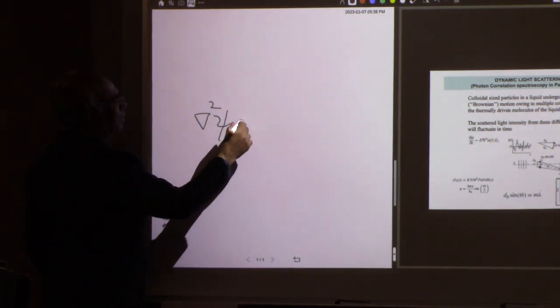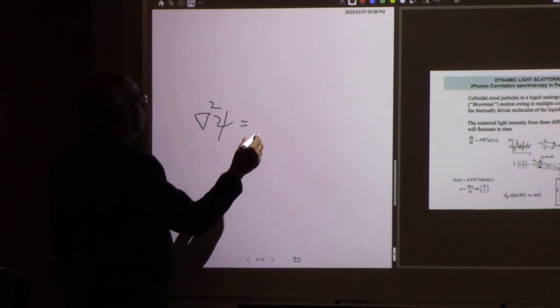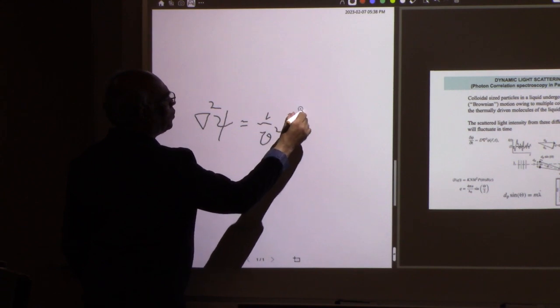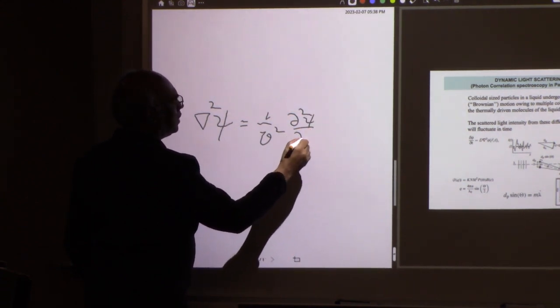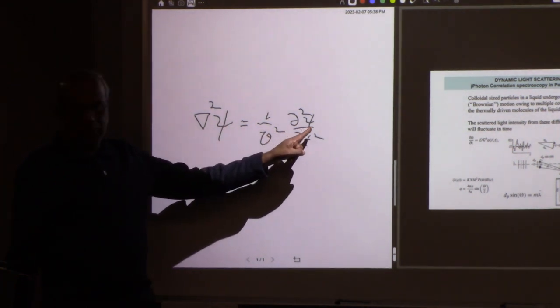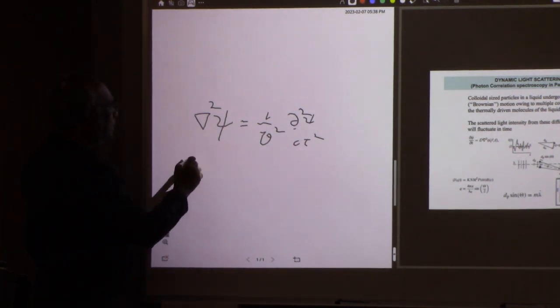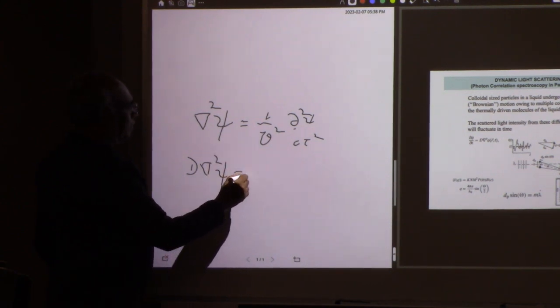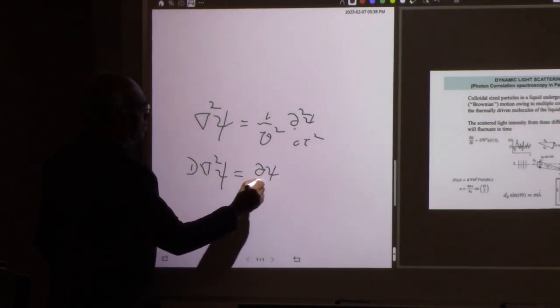If you have something with the second derivative of this one, what is this equation? That's the wave equation, right? That's second order. If you have something like this with just the first derivative, what is this one?